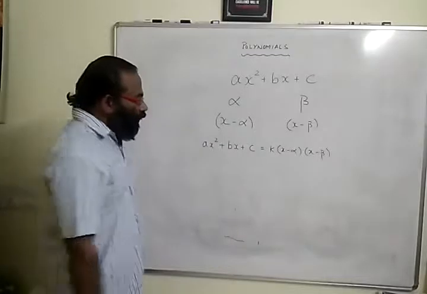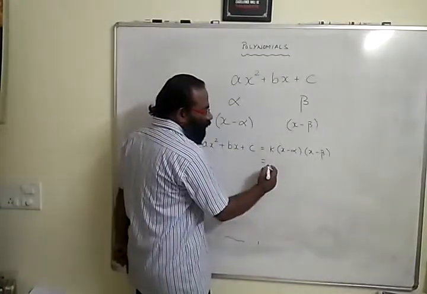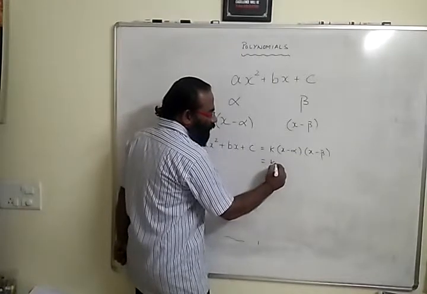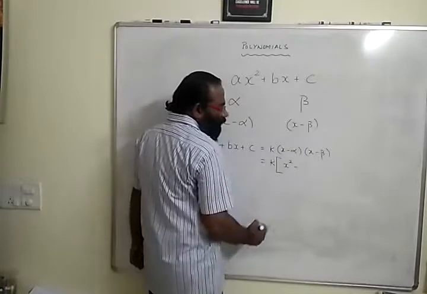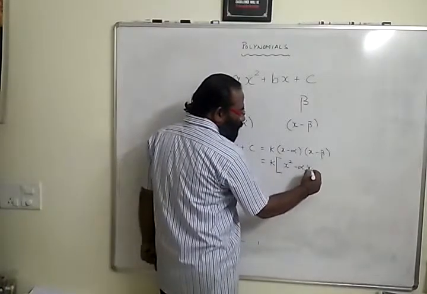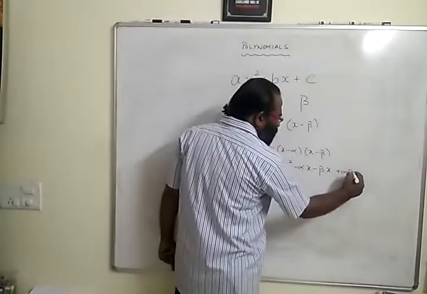Now if I were to multiply on the right hand side and expand it out, I will get k into x squared minus alpha x minus beta x plus alpha beta.